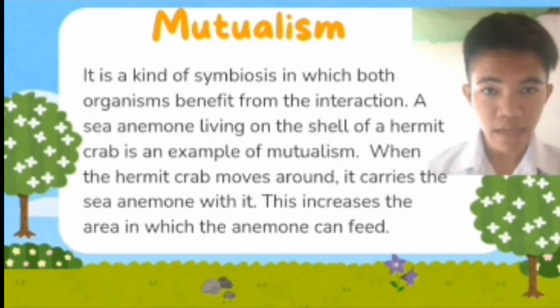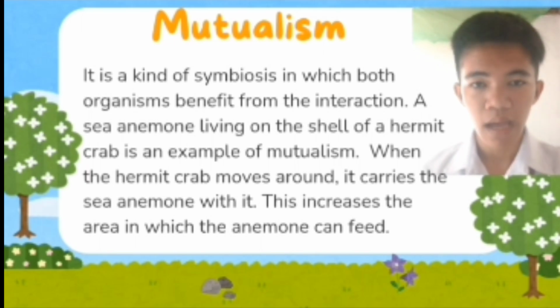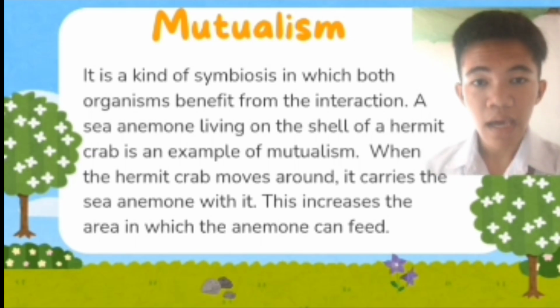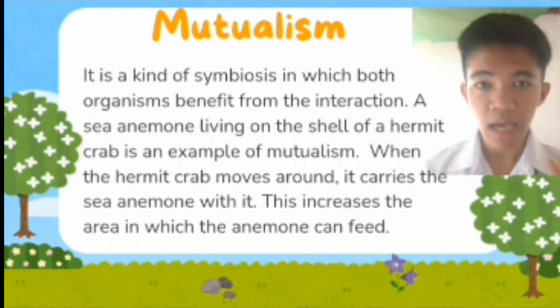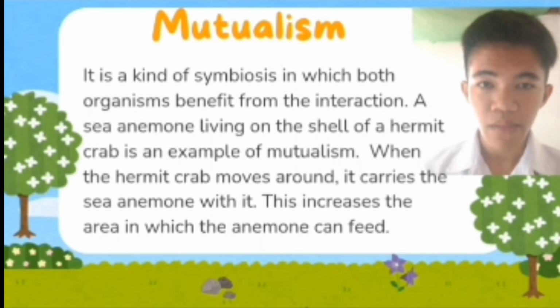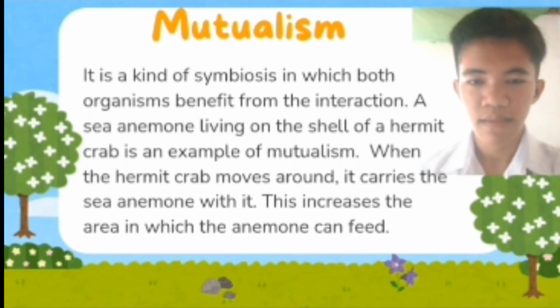So in here, they are both happy. Both the crab and the anemone are happy. It's because the crab gives the sea anemone a ride, while the anemone protects the crab from other enemies or other creatures.